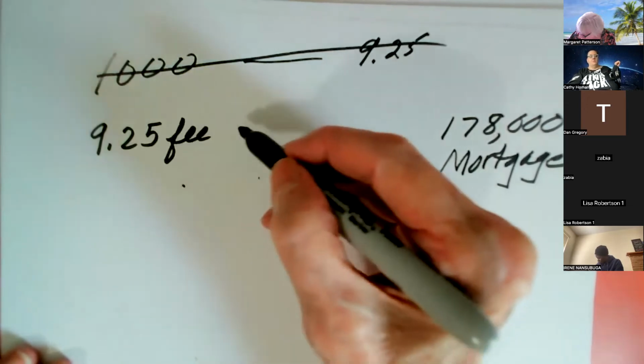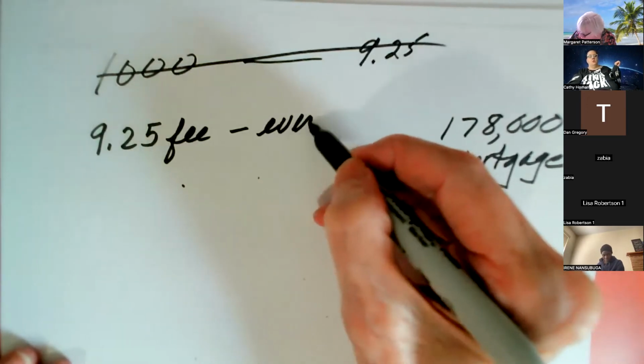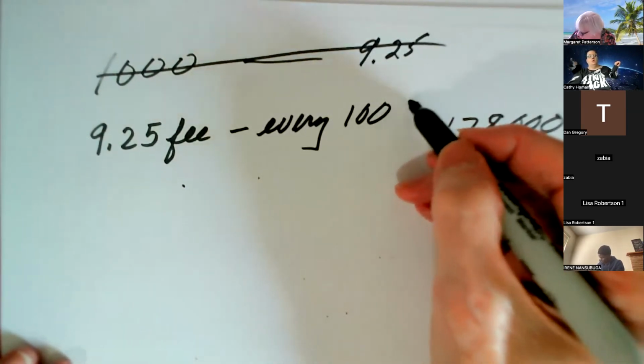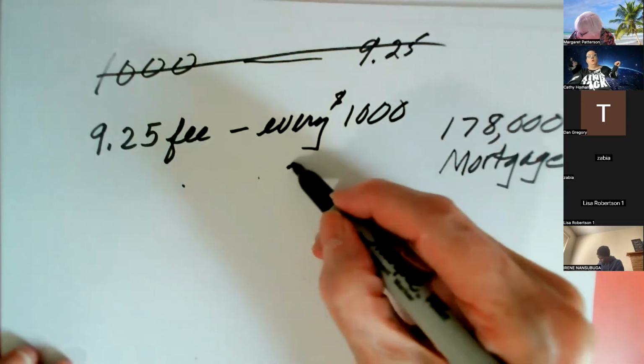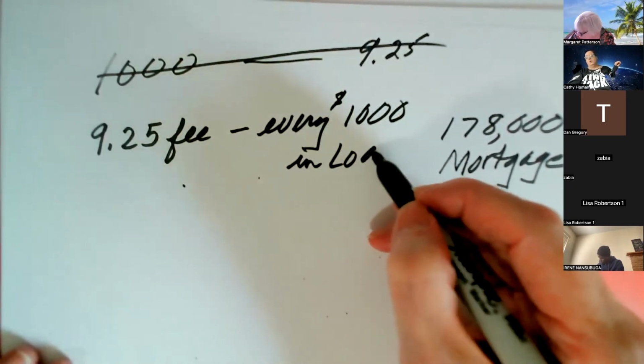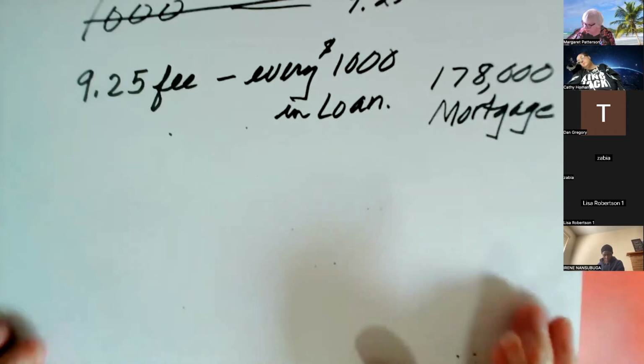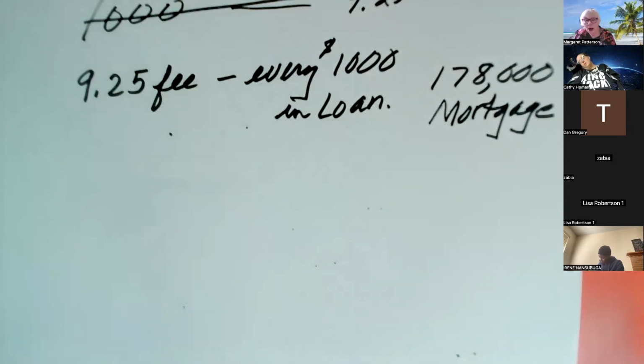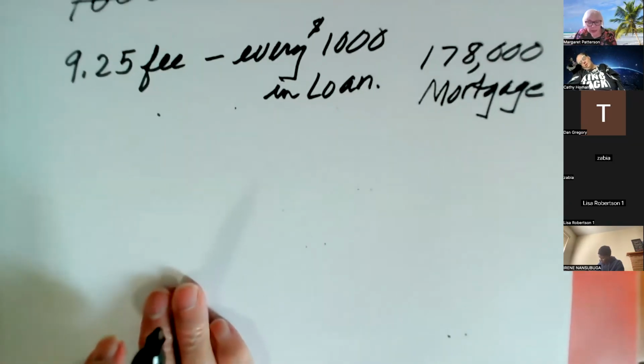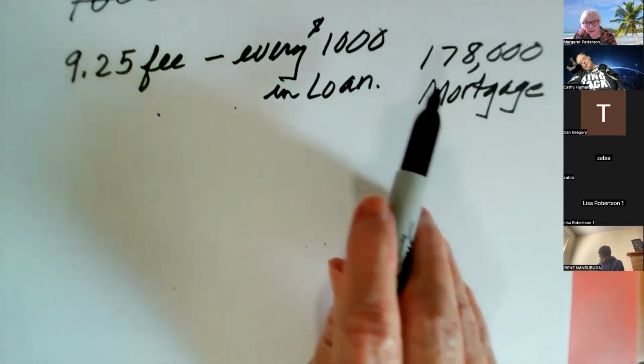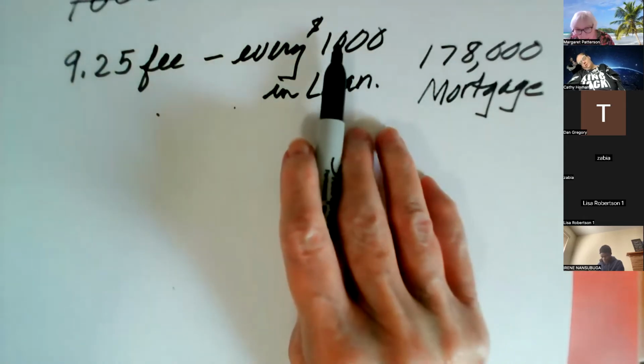So there was $178,000. I think what I ended up doing was dividing 178 into 1,000 as opposed to 178 into 100,000, and then I got the answer. But it was a little bit tricky, just the way that they worded it and everything.